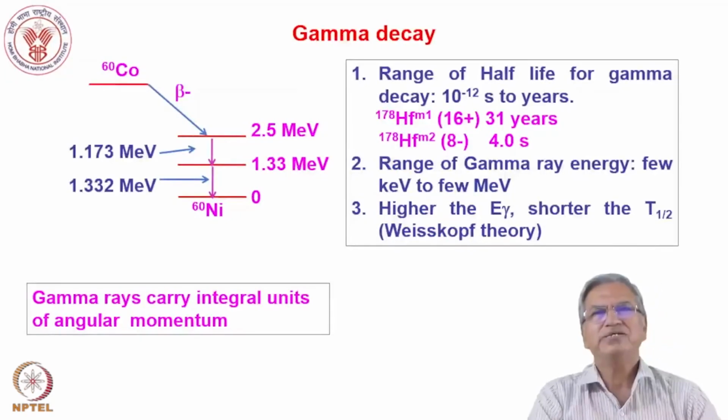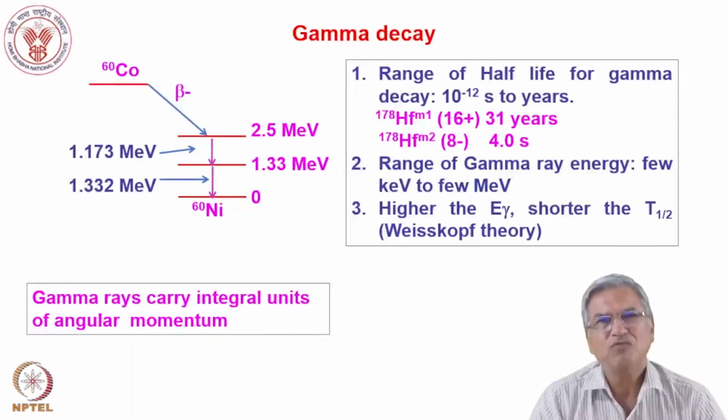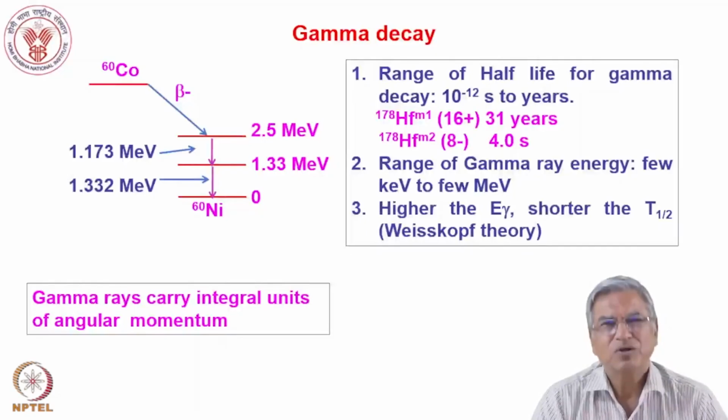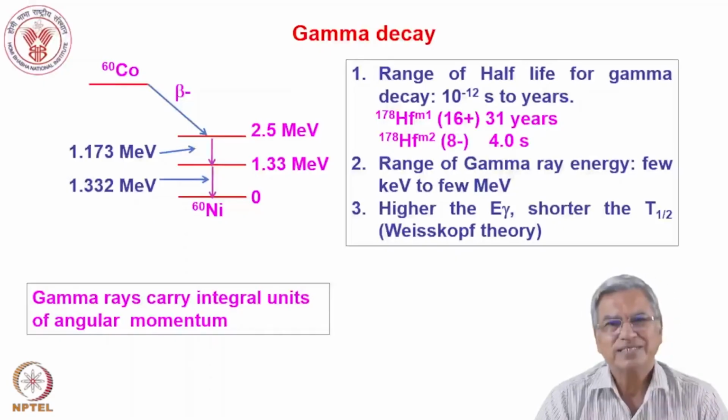So gamma decay essentially is not from the ground state of a nucleus, but whenever we populate a nucleus in its excited state by alpha decay or beta decay, or it could be electron capture also. So if the nucleus is left in excited state, then the excited nuclear state emits gamma ray to come to the ground state.